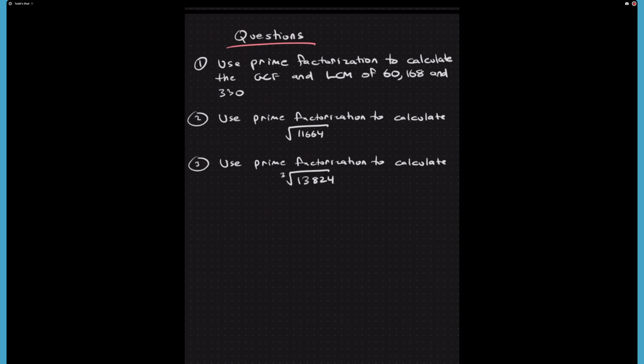And again, question number 3 is the cubed root of 13,824 a perfect cube? And if so, what is the cubed root of that number? So stop the video here, complete the work, and then start the video up again, and you can compare your work to mine.